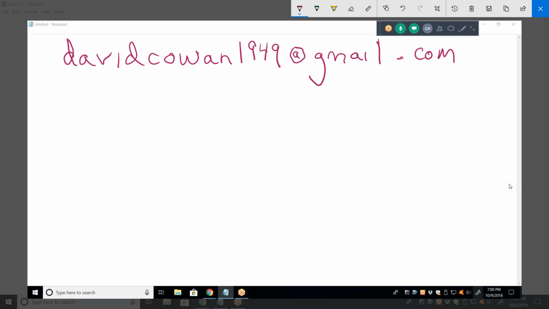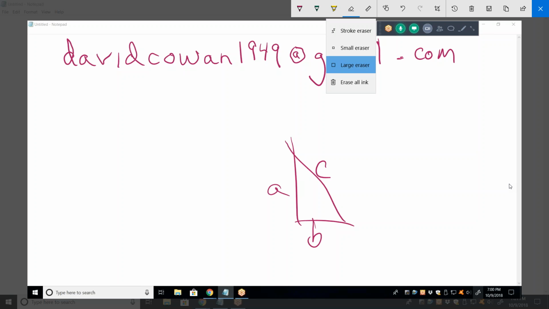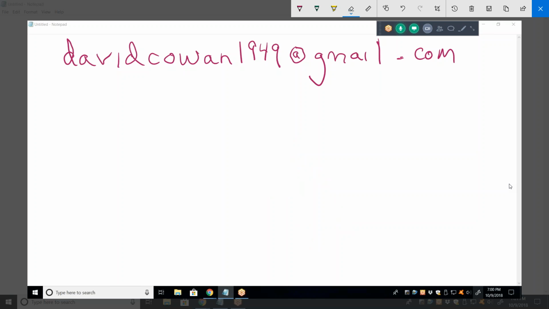I have a drawing tablet here, and I'm writing on the tablet, and I can draw triangles and A, B, and C. So I know what I'm working on now is quadratics, and we just introduced square roots into them. Okay, so that's fine.